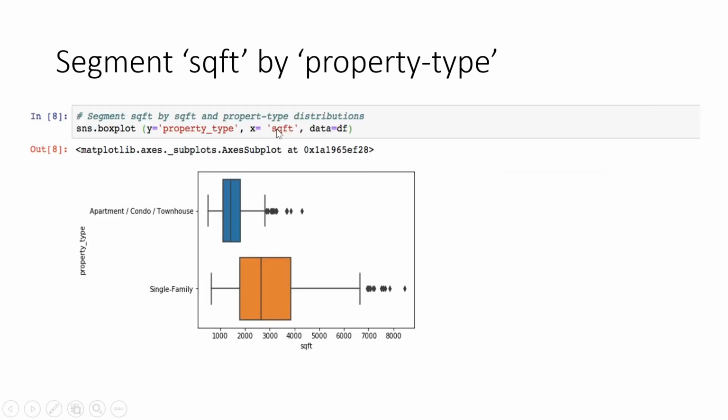Okay, now segment square feet by property type. You have to run the same thing, except that x equal to whatever that column name is in single quotes, sqft. Then you have this view now of how the square feet numeric column is with respect to property types. How is it varying? The variability you are trying to understand.